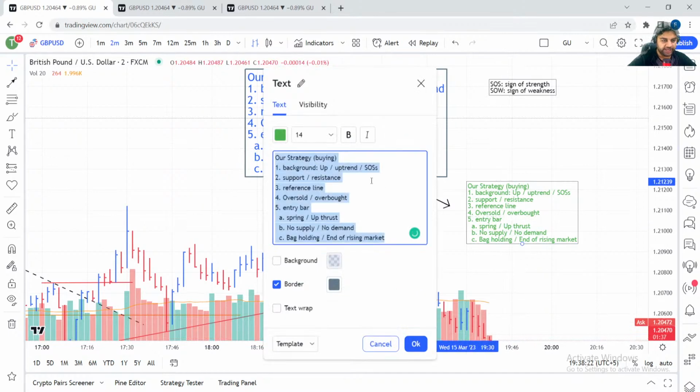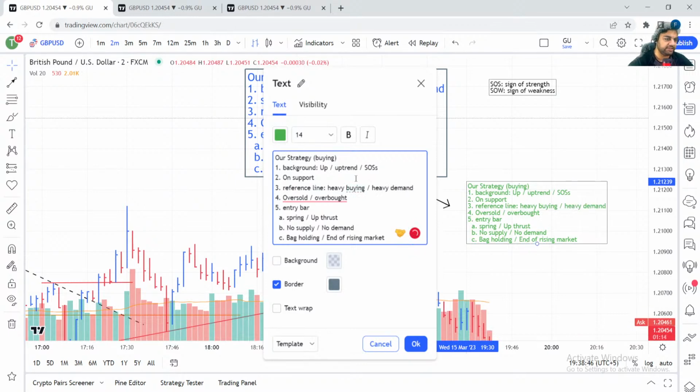So we have this support and resistance. The market should be on support, and in the reference line there should be heavy buying or heavy demand.